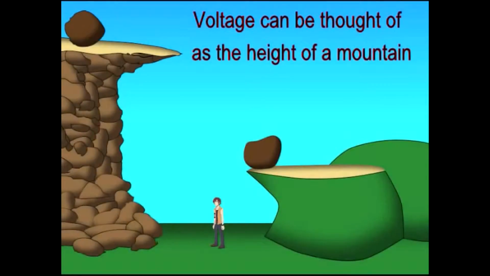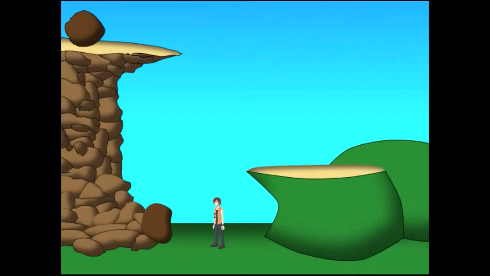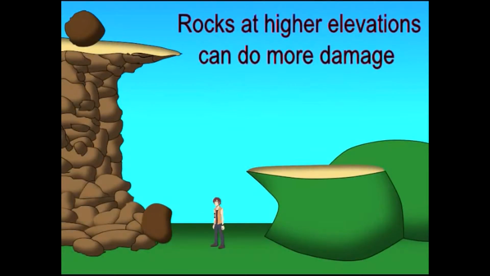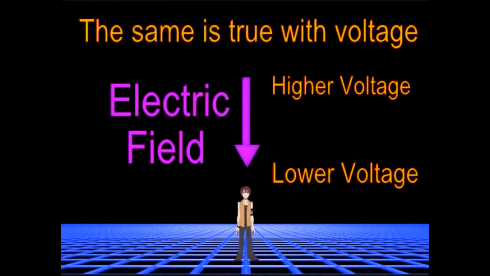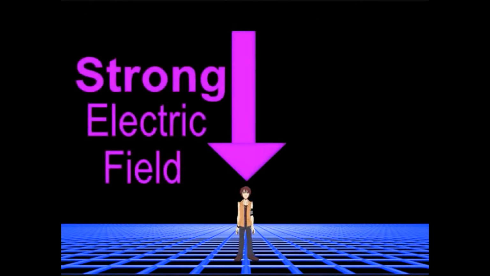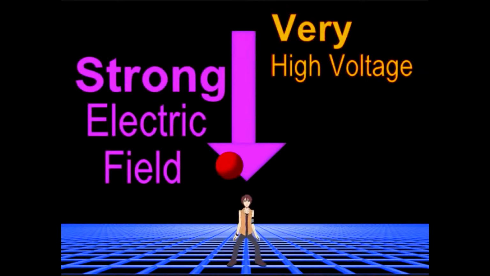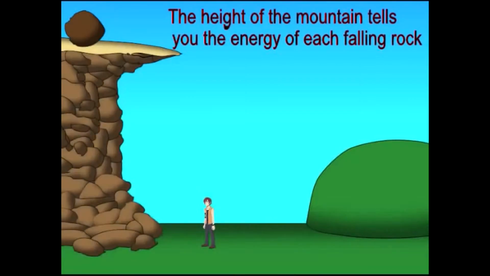Voltage can be thought of as the height of a mountain. Rocks at higher elevations can do more damage. The same is true with voltage. The height of the mountain tells you the energy of each falling rock.